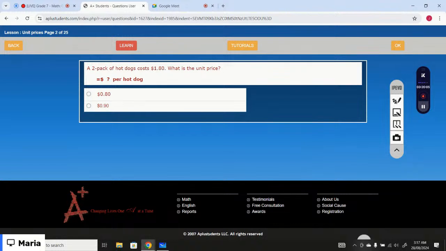The next one is a 2 pack of hot dogs costs $1.80. What is the unit price? So which is the correct option?